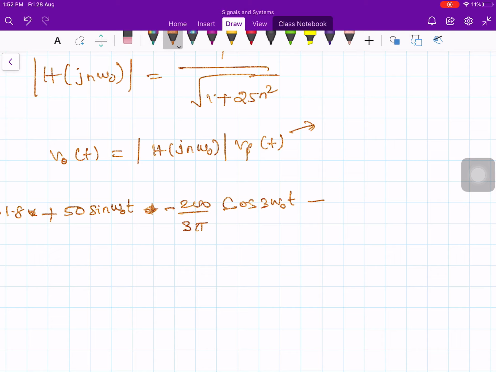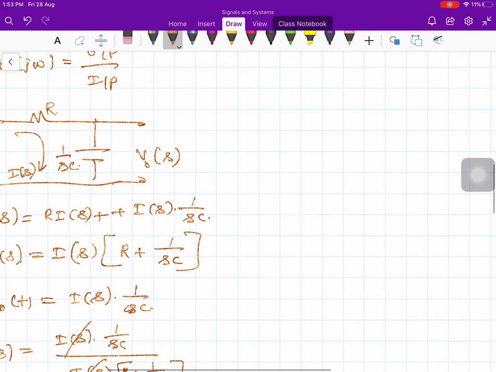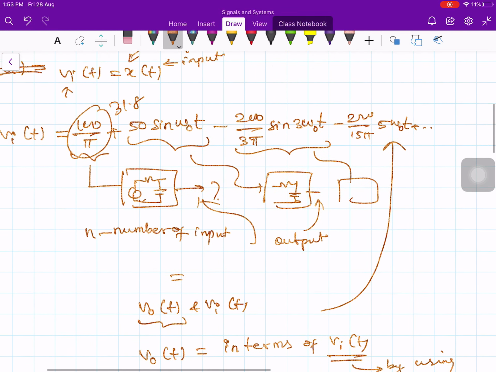If it is even components, okay, I got it. I'm sorry. This is 2 omega naught t. So this expression I need to change because I wrote it wrongly.